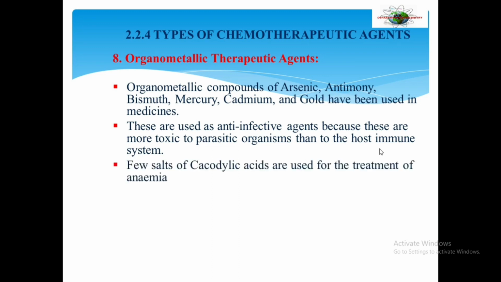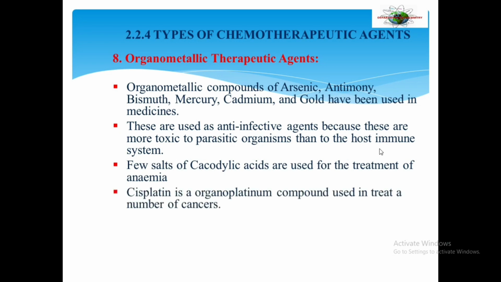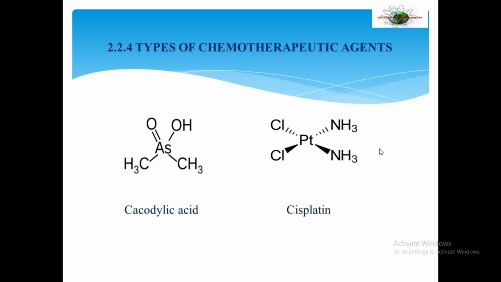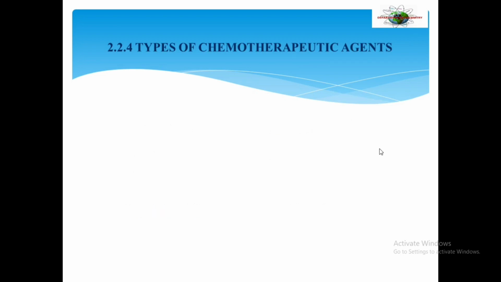A few salts of cacodylic acid are used for the treatment of anemia. Cisplatin is an organoplatinum compound used in the treatment of cancer. These are the structures of cacodylic acid and cisplatin.